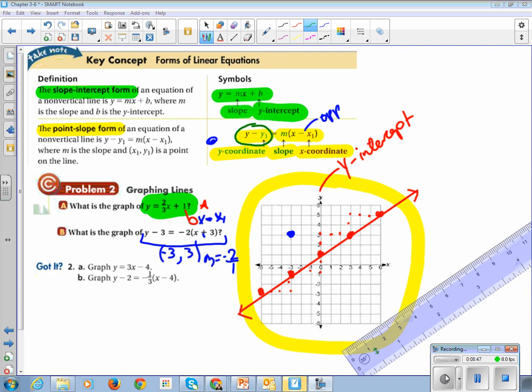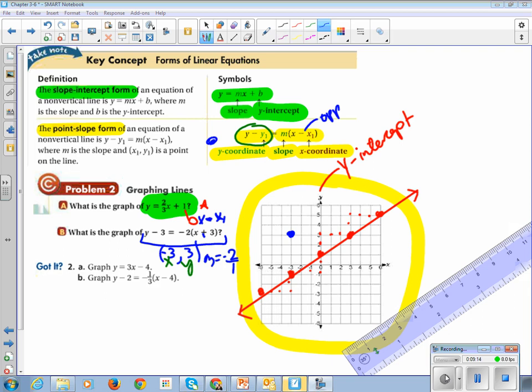So our coordinate is going to be opposite the signs that appear in the formula. It says y minus 3, so the y coordinate is going to be at +3. It says x plus 3, so our x coordinate is going to be at -3. So then our x coordinate is at -3, and our y coordinate is at 3. And our slope is -2 over 1.